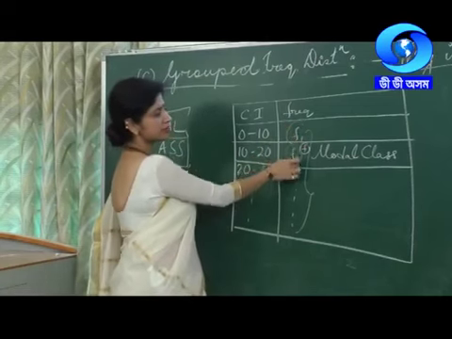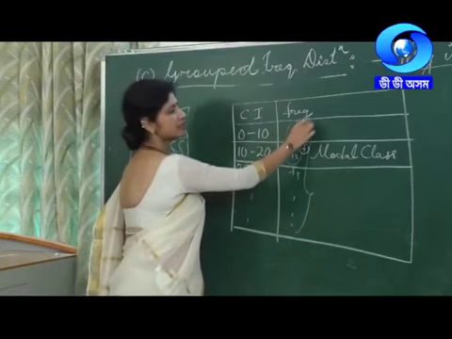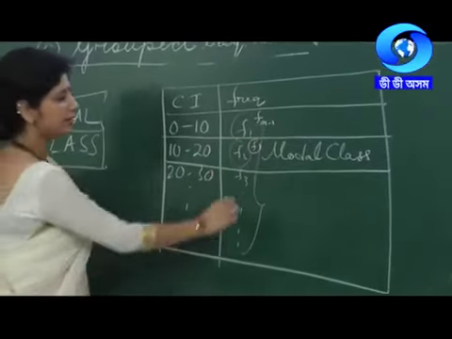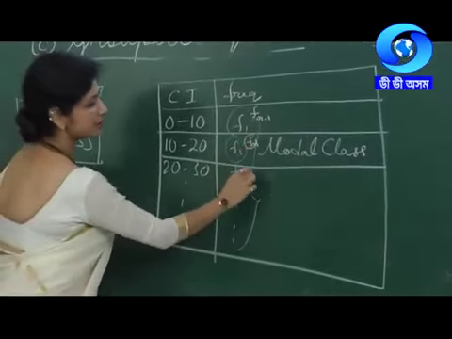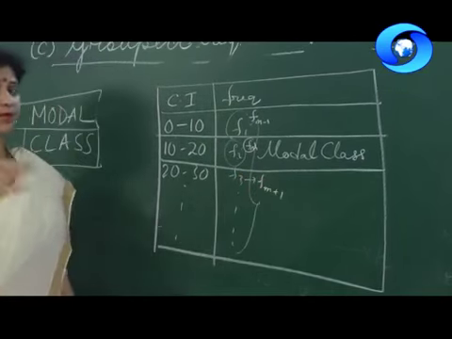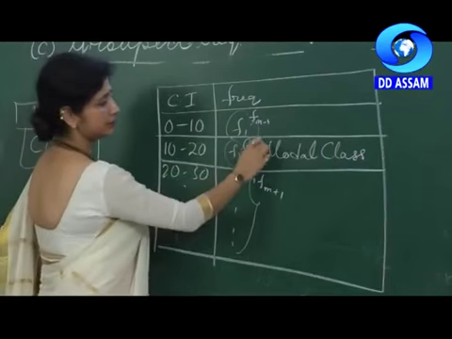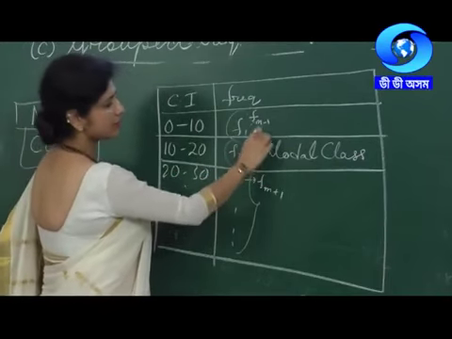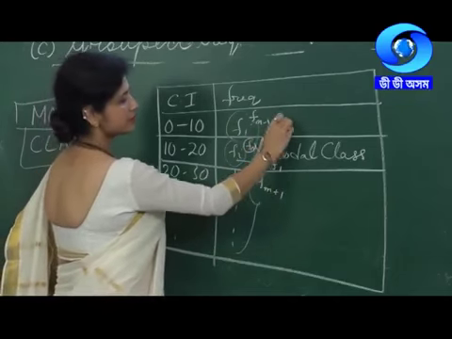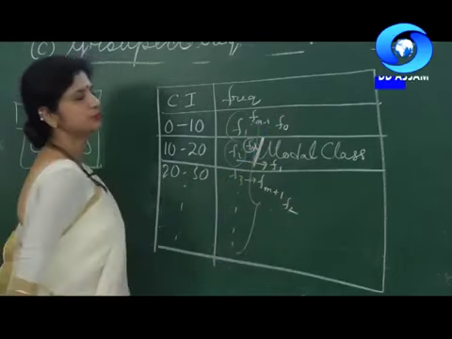This is the frequency of the class preceding the modal class. This becomes your fm minus 1, this is fm, and this is fm plus 1. Or if you use the other notations, this is f1, this is f0, and this is f2.